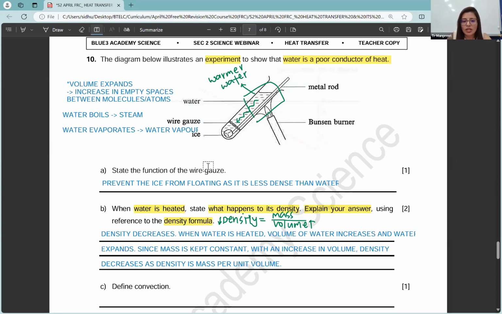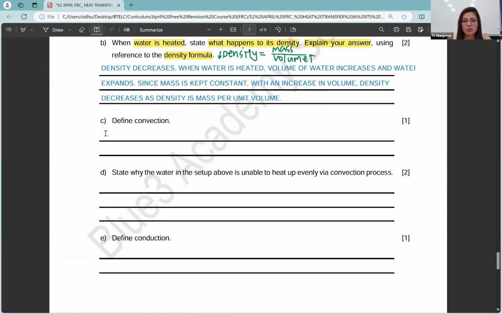Okay, moving on. Convection. Now, how do we define convection? We know convection happens because of the movement of fluid due to convection current, right? So how do we define it? It is the transfer of heat energy from one point to another.